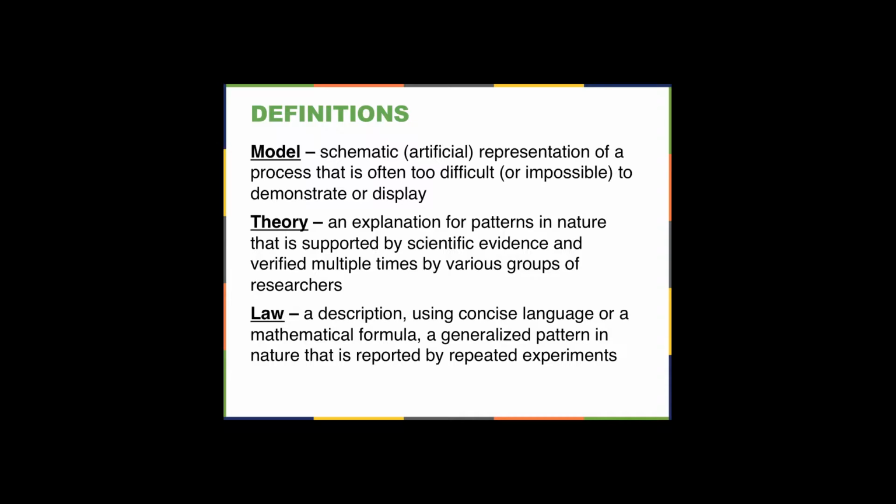I am not going to get into the problems of induction, but even with a law, it is possible to falsify it. And so both theories and laws can be falsified and can be questioned.